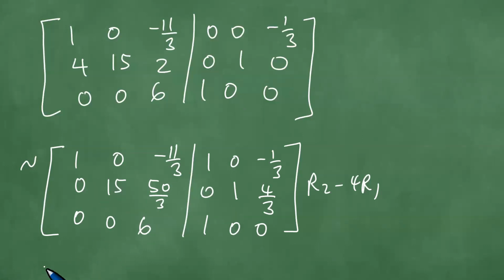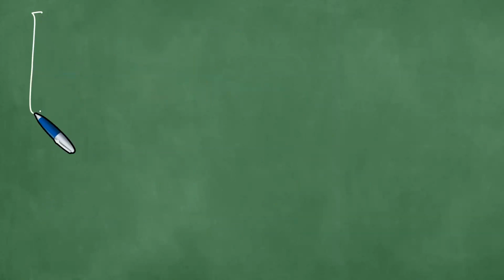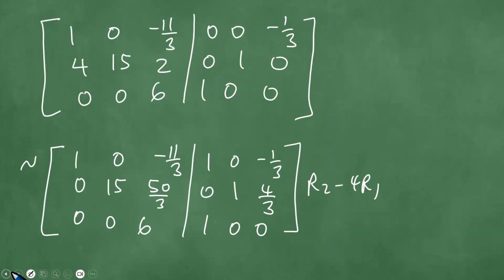Okay, now what is this? It's exactly this. But now we want to get a 1 here. So which means that we're going to keep the first row the same. 1, 0 minus 11 out of 3. 1, 0 minus 1/3.